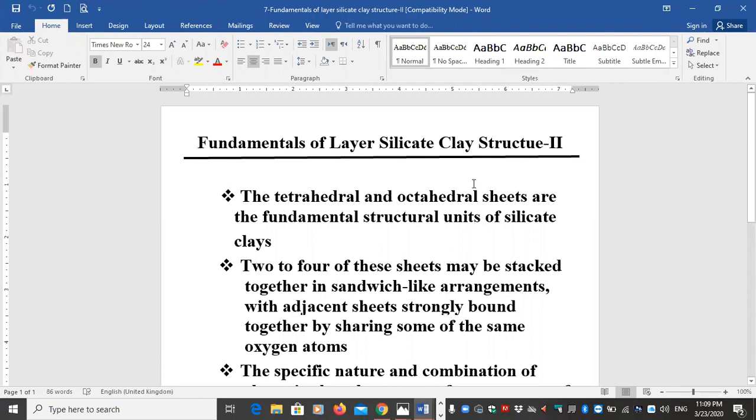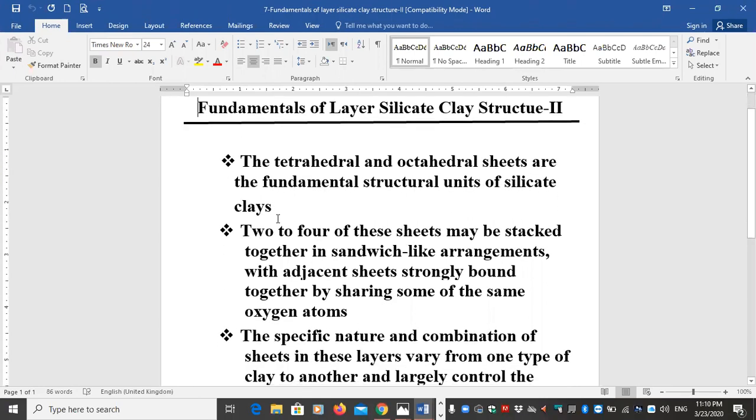The tetrahedral and octahedral sheets are the fundamental structural units of silicate clays. So 2 to 4 of these sheets may be stacked together in sandwich-like arrangements with adjacent sheets strongly bound together by sharing some of the same oxygen atoms.